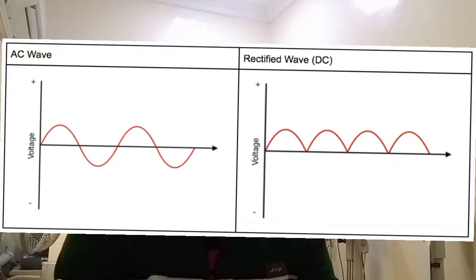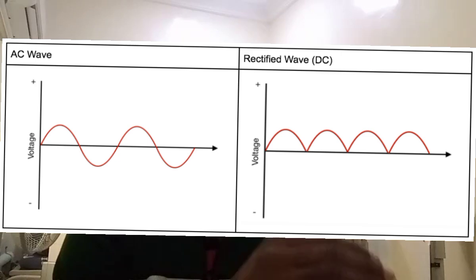In rectification, there is a conversion of the RF voltage from a complex modulating AC waveform to a simpler demodulated DC waveform. So the entire negative half cycle has been flipped to a positive cycle.